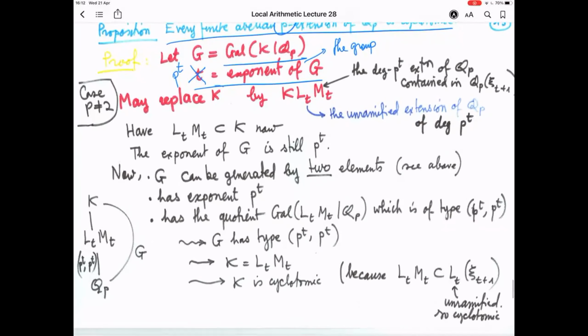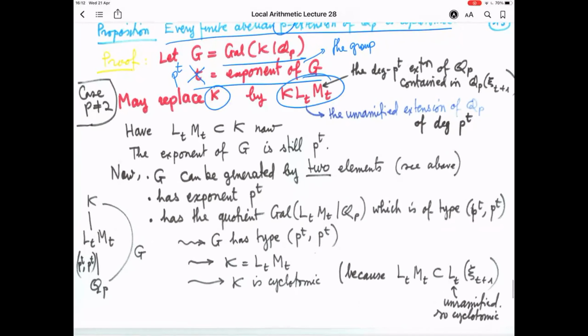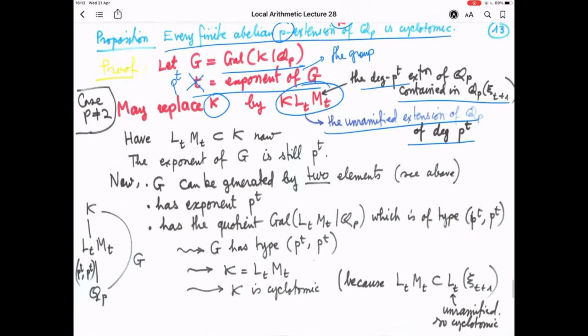Now, in order to show that K is cyclotomic, I can replace K by a bigger extension. It's enough to show that K L_t M_t, which contains K, is cyclotomic. Remember that L_t is the unramified extension of Qp of degree p^t, and M_t is the extension of degree p^t contained in Qp(ψ_{p^{t+1}}).